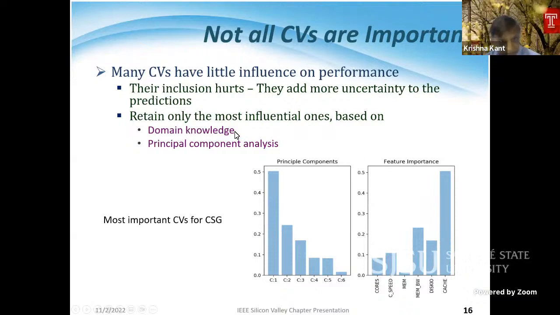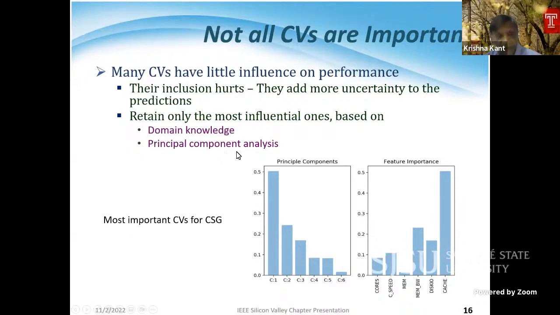People who work with this have a clue as to what parameters are relevant and what are not. For example, you would expect that the number of cores, the core speed, the memory bandwidth, the disk I/O, and the cache size are all very important parameters.